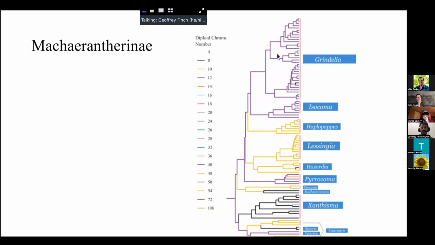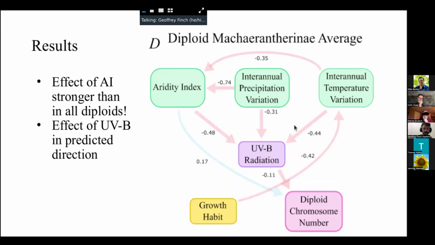When I repeat this analysis with just the diploid Macroantherae, so this part of the tree, we have a little bit more going on. The relationship between aridity index and diploid chromosome number is still there. It's still positive, and it's actually increased in strength.